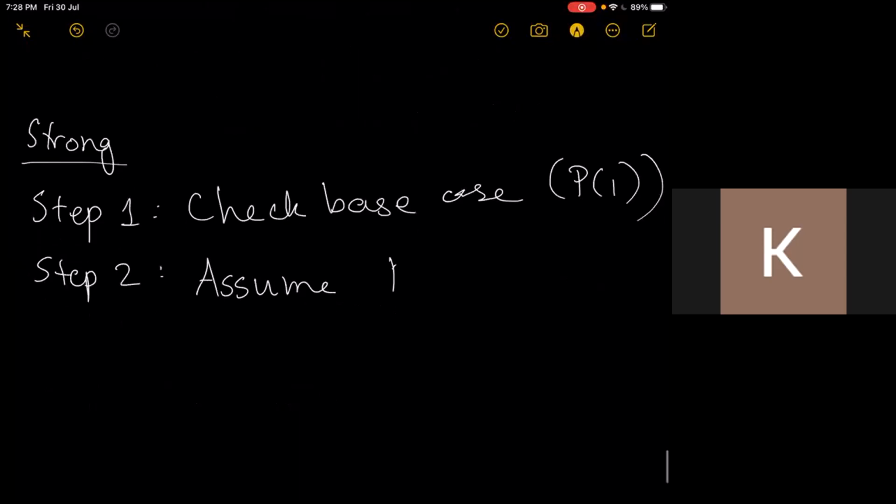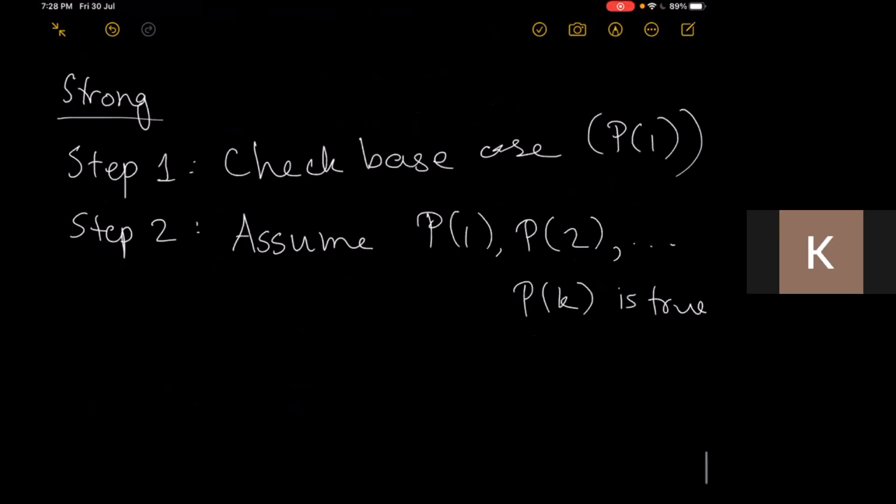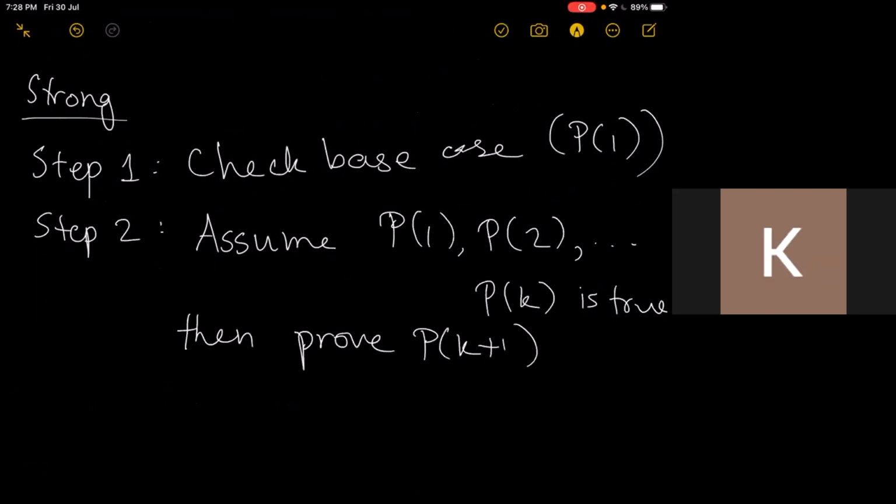So assume P1, P2, everyone till Pk is true. In weak induction, we just assume that it is true for k. In strong induction, we are assuming that it is true for all numbers from 1 to k. Then prove Pk plus 1. So even if you can prove by assuming not just the previous term but all the previous terms, we can still prove it by induction.